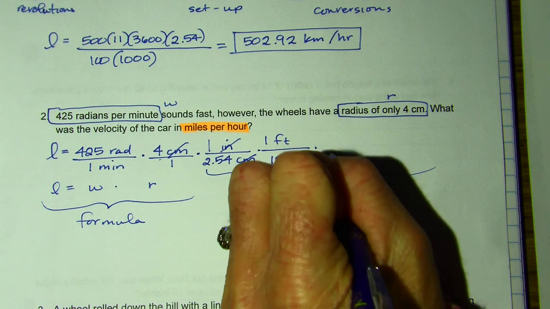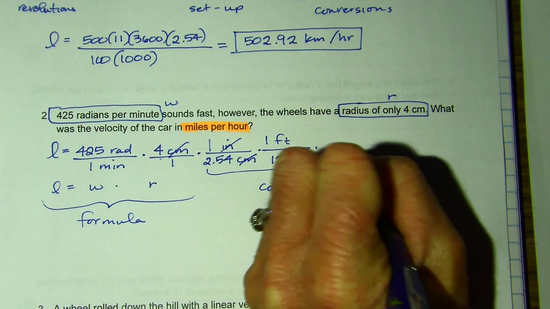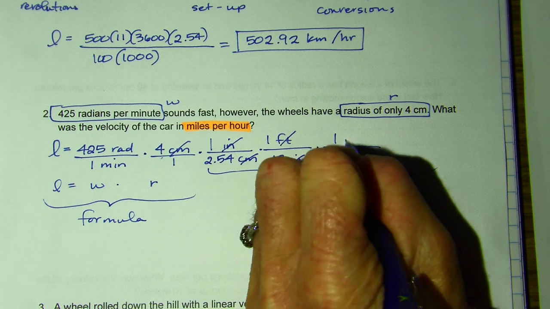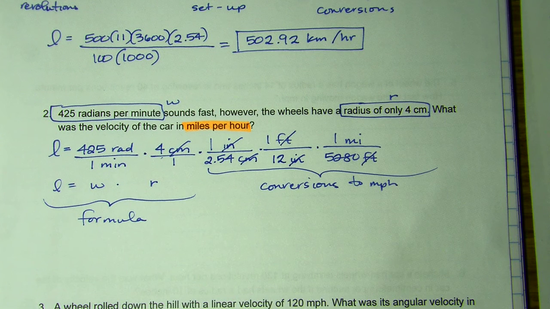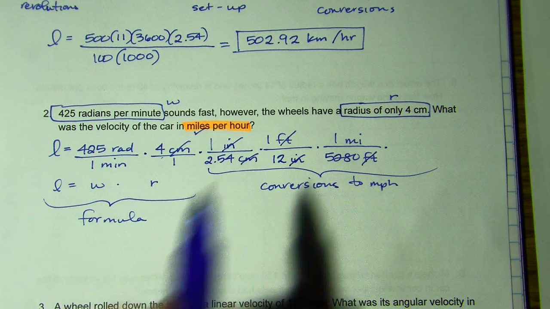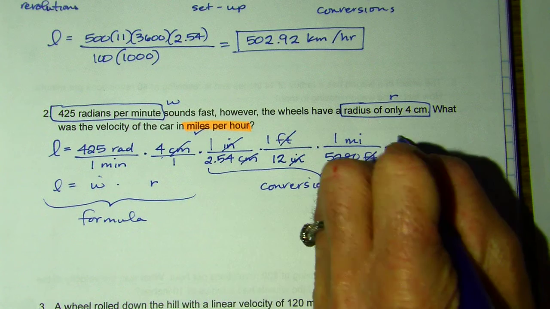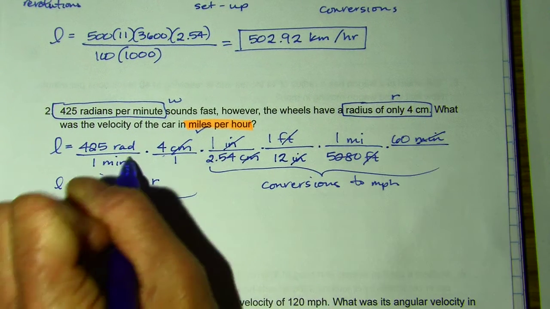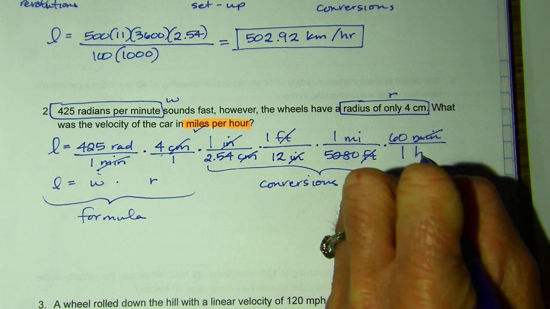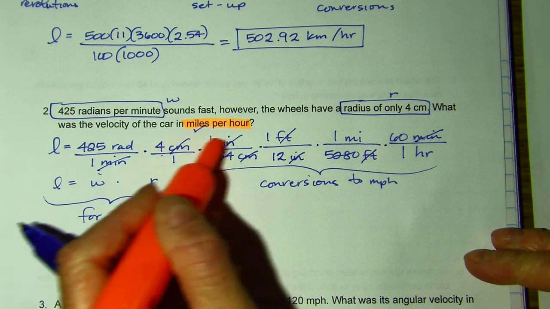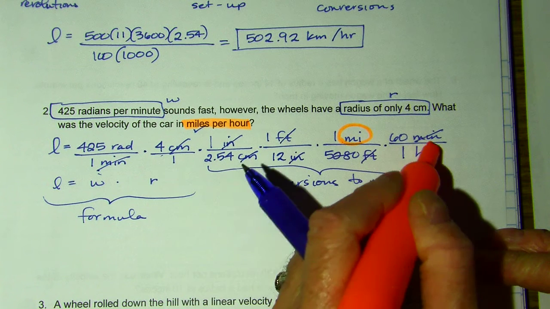I know there are 5,280 feet, notice I put it on the bottom because it has to be top bottom to cancel, per 1 mile. So I have now gotten the miles. So check. Now I need to convert it to hours. I have 1 minute, so I know that there are 60 minutes, top bottom, per 1 hour. So on the top, I'm left with radians, and that's okay, and miles per hour.